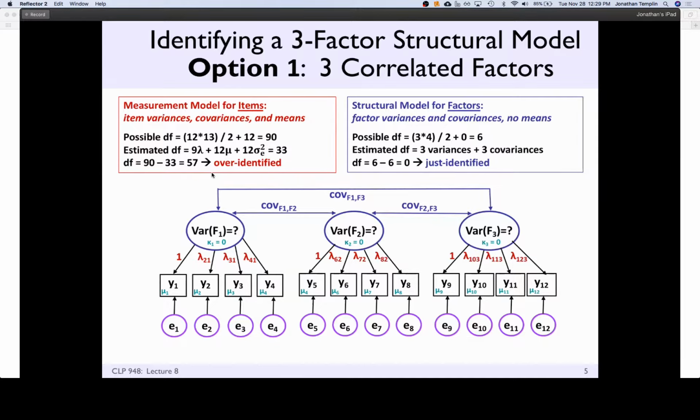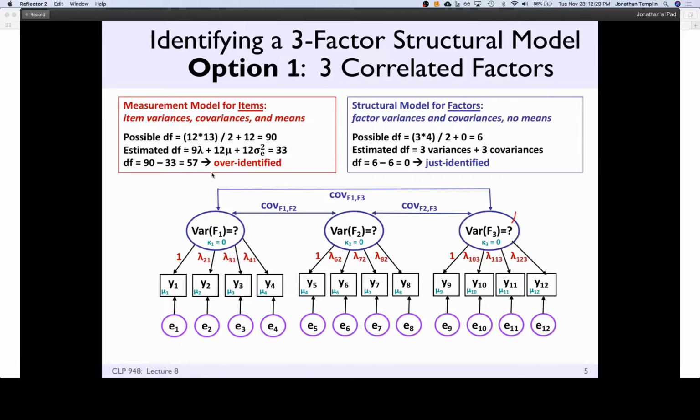So here are some options in identifying the 3 factors. If we had 3 lower order factors here, and we wanted to think about whether we could have a higher order structure model, let's take a look at the way we talk about the number of items needed. This relies on what we talked about way back when we talked about CFA.